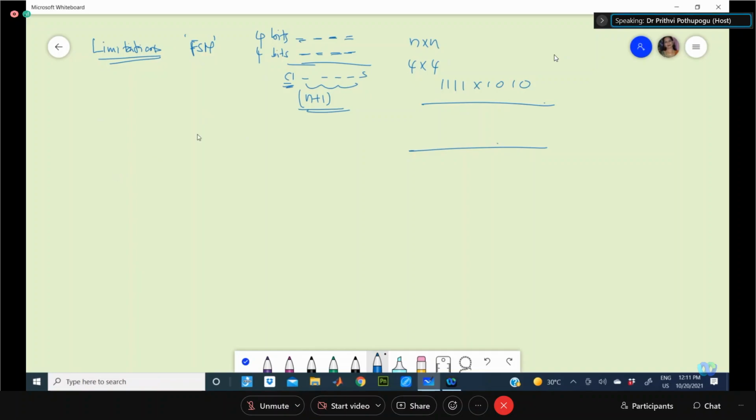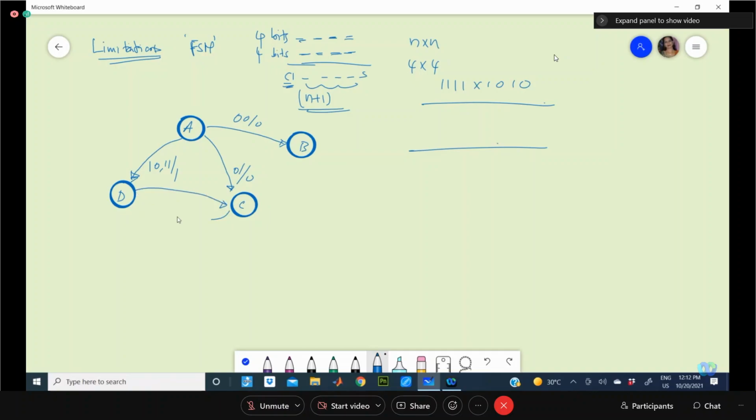Now here in the tables also, in the state diagrams, say you have derived a state diagram, something like this. Say I take some input I am giving.